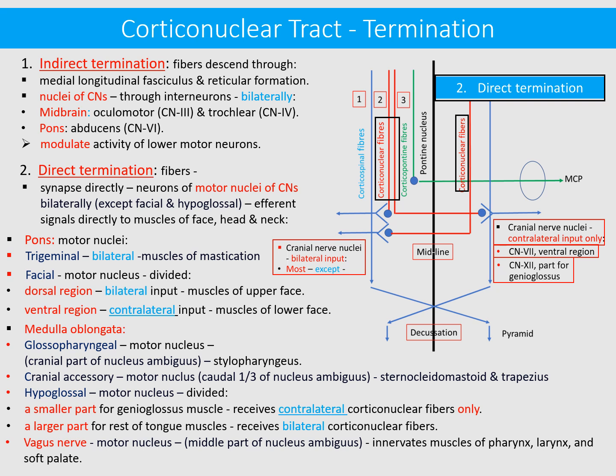Last one is the vagus nerve. The motor nucleus of this nerve is represented by middle part of the nucleus ambiguus, and the nerve innervates the muscles of the pharynx, larynx, and the soft palate.